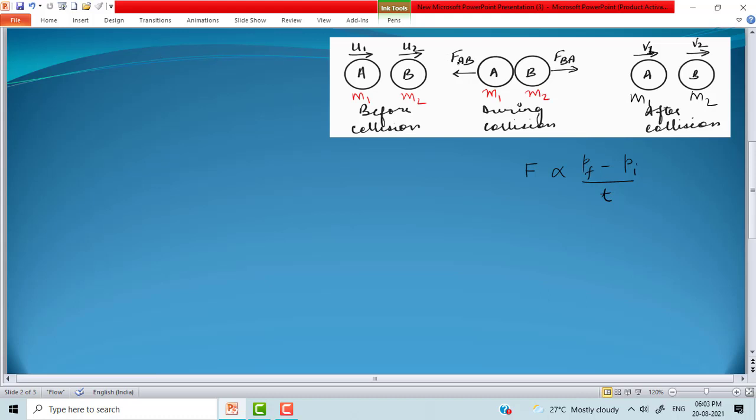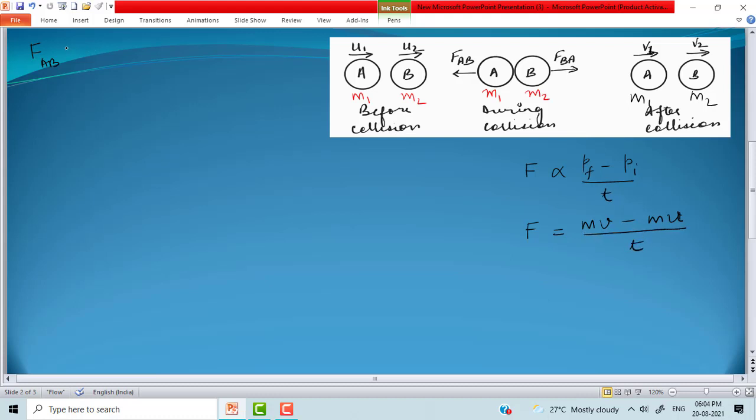So let us consider the first body A. The force on A is Fab. From this law in SI units, we can write F equals final momentum minus initial momentum divided by time.